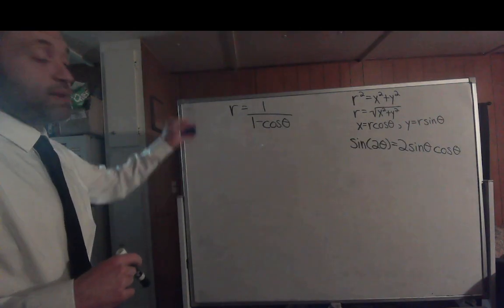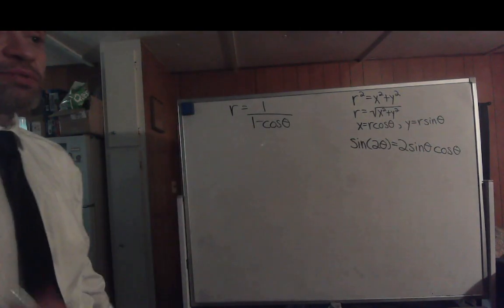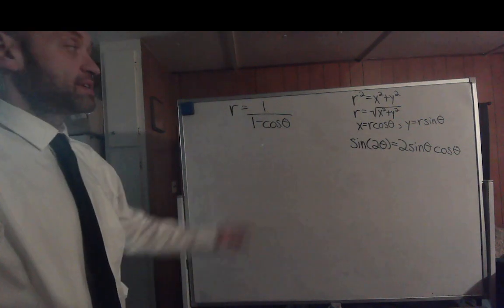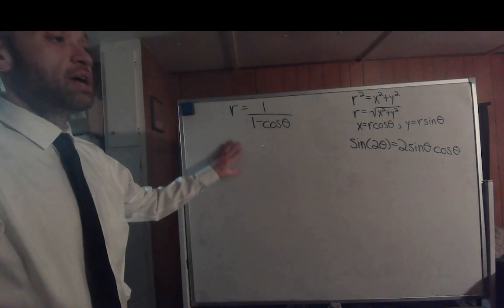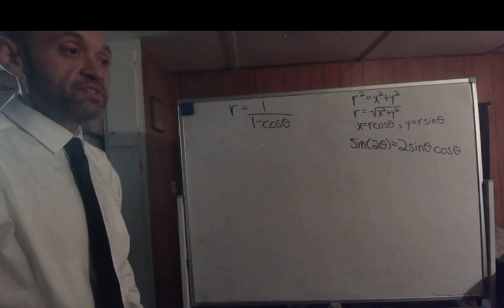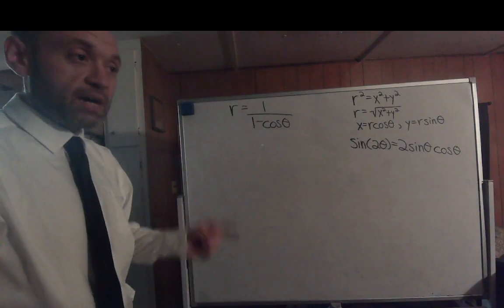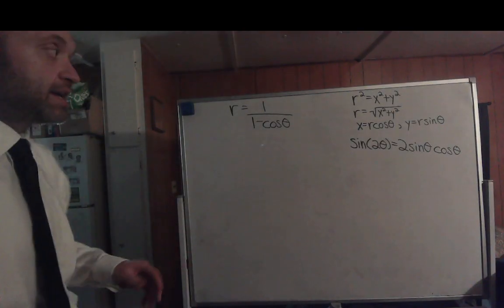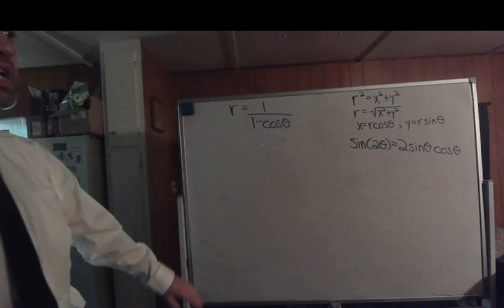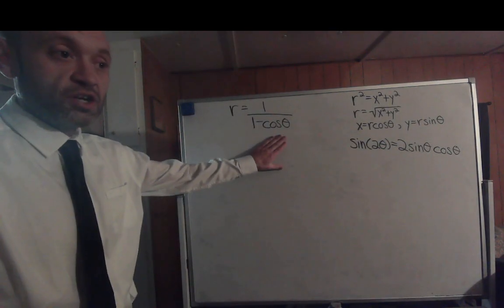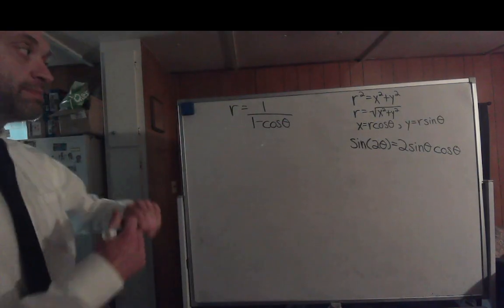Well, it's not as bad as it looks. If we remember from the previous lesson, when we had this in rectangular form, it was decently tough to convert it into polar form. Working the opposite way, it's actually not that bad. All you're going to do is multiply both sides by 1 minus cosine of theta, to get rid of your denominator.